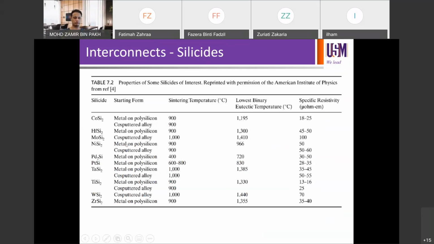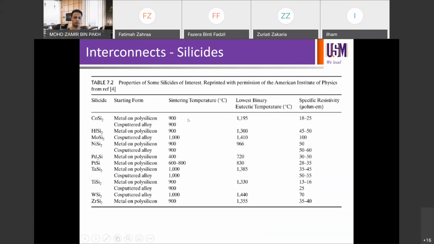They can be produced by various methods: metal and polysilicon, co-sputtered alloy. Generally, they are co-sputtered alloy. To get a good alloying between those two materials, cobalt and silicon, for example, or hafnium and silicon, you need to work with the right sintering temperature so that you form a good alloy. The temperature ranges from 900 to about 1000.